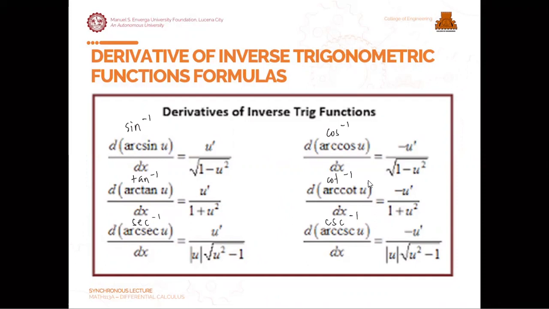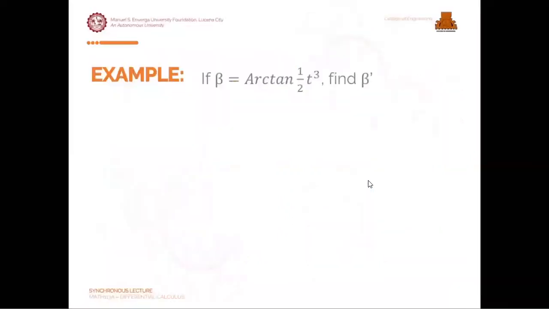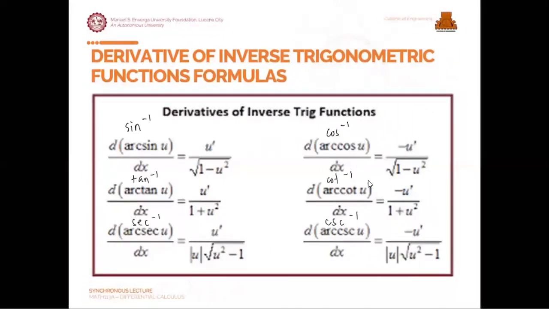Just review the formulas written here, then let us follow the derivative indicated for each. So, let us try an example. If beta is equal to arctangent of 1/2 t cubed, find beta prime. We need arctangent. The derivative we get is u prime over 1 plus u squared.